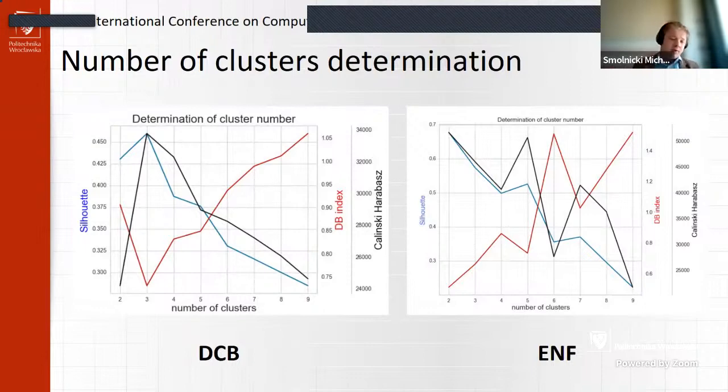You can see that, for example, for DCB, it's quite clear that 3 is the best number of clusters, which is fairly okay with our scientific knowledge. Also, for the NF, it's a little bit harder, but we can also tell that this is 5. And it also makes sense if we think about the mechanical basis.